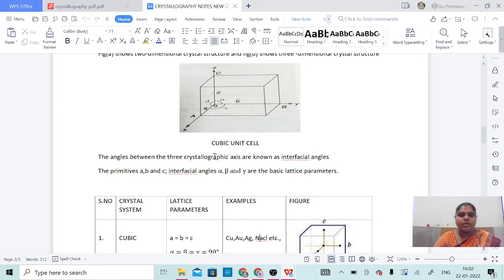So a, b and c are the primitives, and alpha, beta, gamma are the interfacial angles; together they are the basic lattice parameters.